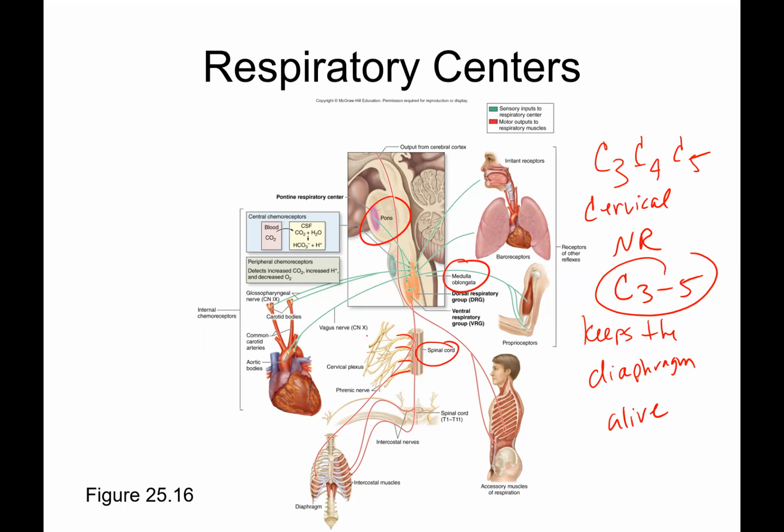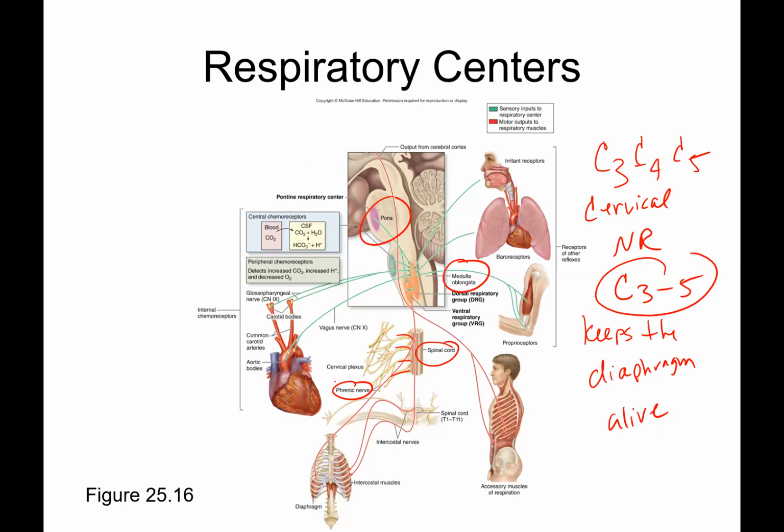Well, that nerve root, so C3, C4, C5, eventually those branches connect together and make the phrenic nerve, and that goes down to the diaphragm. So that's where the expression C3, C4, C5 keeps the diaphragm alive comes from, just to make it easy and fun to remember.